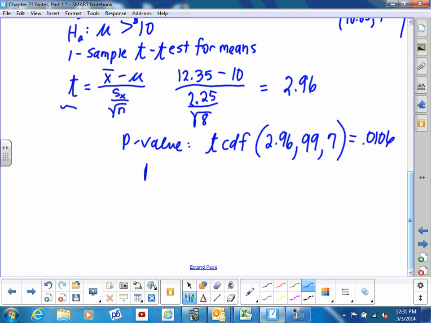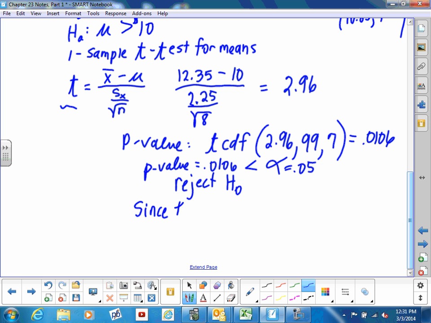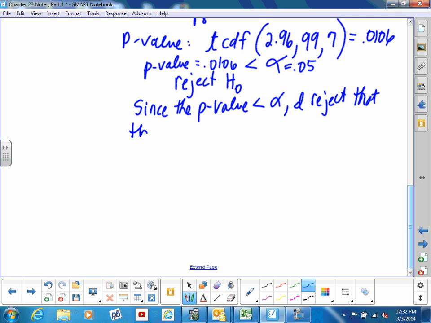And then we're going to make a decision now. So our p-value of 0.0106 is less than alpha at the standard 0.05. So what's our decision? We are going to reject the null. So since the p-value is less than alpha, I reject that the average of Andre's tips is $10.